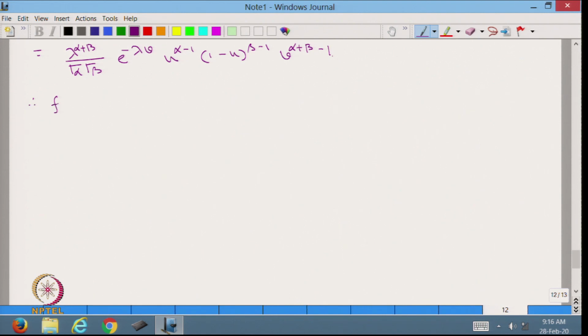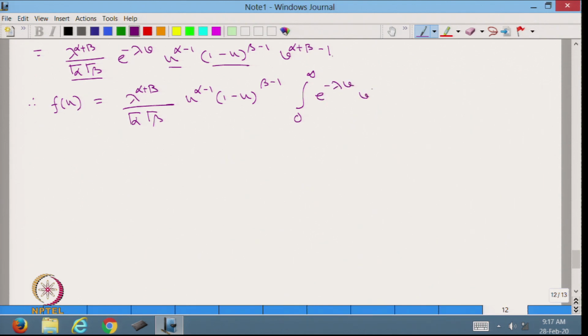Therefore, f of u is equal to, let me take out the terms independent of v to be out of the integration. Therefore, lambda to the power alpha plus beta upon gamma alpha gamma beta, u to the power alpha minus 1, 1 minus u to the power beta minus 1, integration 0 to infinity e to the power minus lambda v, v to the power alpha plus beta minus 1 dv.